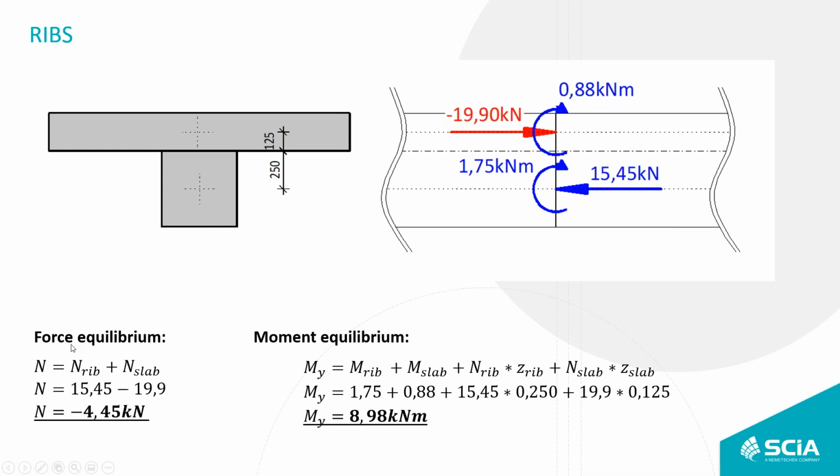Now I need to establish equilibrium, so normal forces added together should determine my internal force in terms of normal force, and then this equilibrium for moments, which means that I need to add the moment of a rib and slab, and then also normal force acting on an inner lever, in both cases in a rib and in a slab, and altogether it gives a bending moment 8.98.